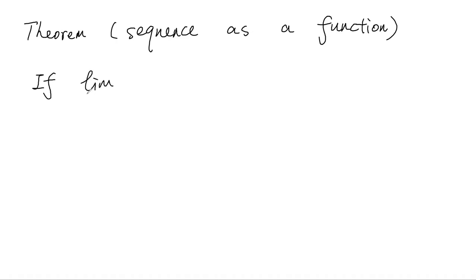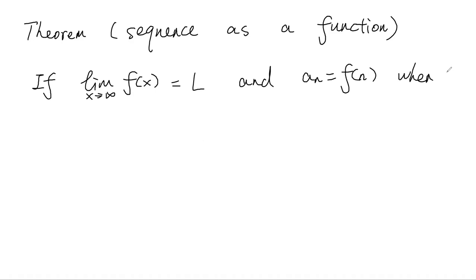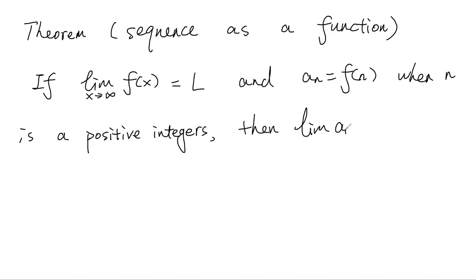So if the limit as x goes to infinity of f(x) exists, and a_n is given by the value of the function evaluated at a positive integer n, then the limit of a_n as n goes to infinity is equal to the same limit.